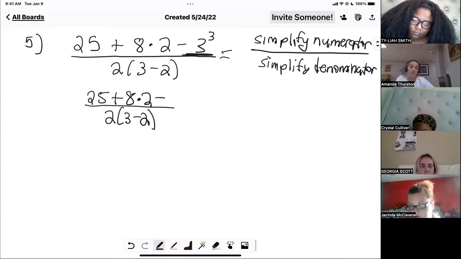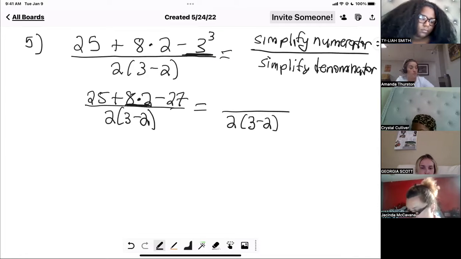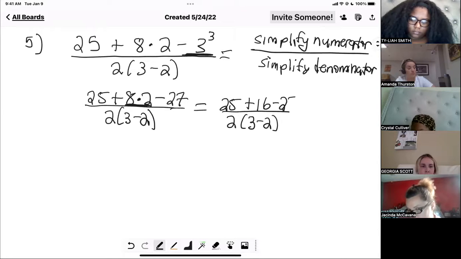We did that earlier, but let's think about it. 3 times 3 is 9. Times 1 more 3 is 27. Again, I'm just going to leave the bottom for a second, the denominator. And then we look left to right, and I did my exponents. We don't have parentheses. Multiplying or dividing. I got multiplying right here. So 25 plus 8 times 2 is 16 minus 27.